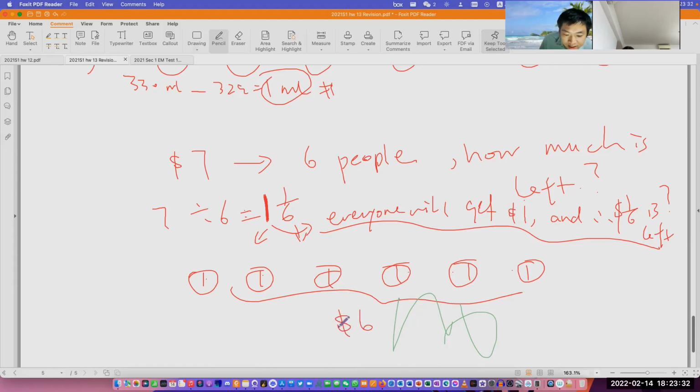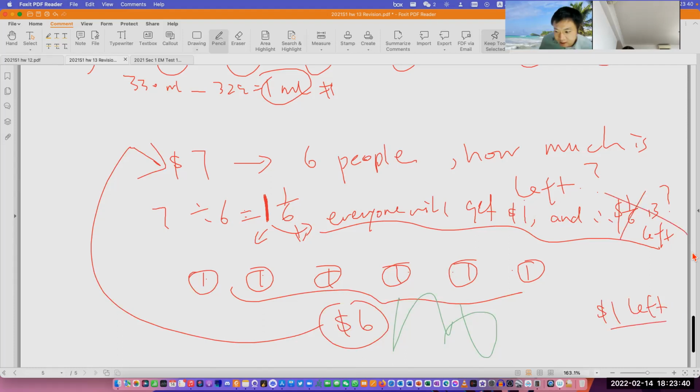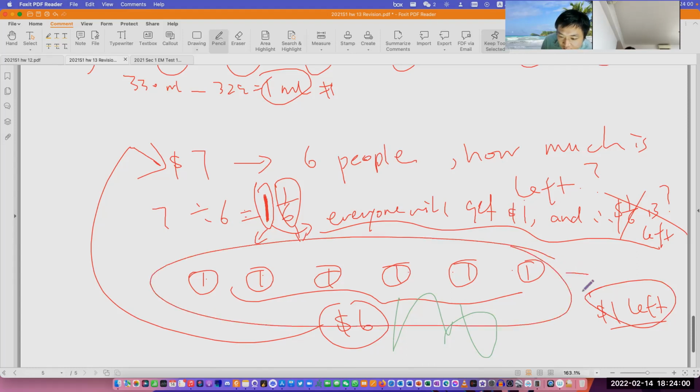Then compare your 6 to the total, so you have $1 left. It's not 1/6 left. A lot of students make this mistake, saying $1 is distributed so 1/6 is left. No. In this case, $1 is distributed and $1 is left.